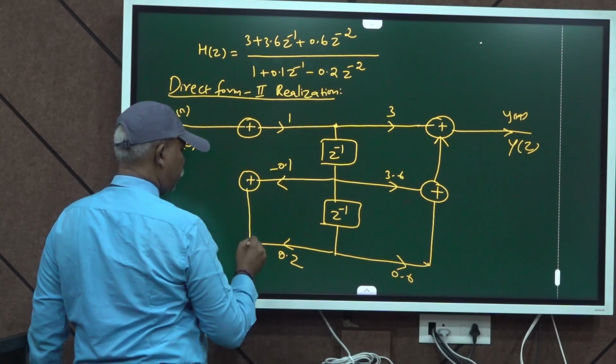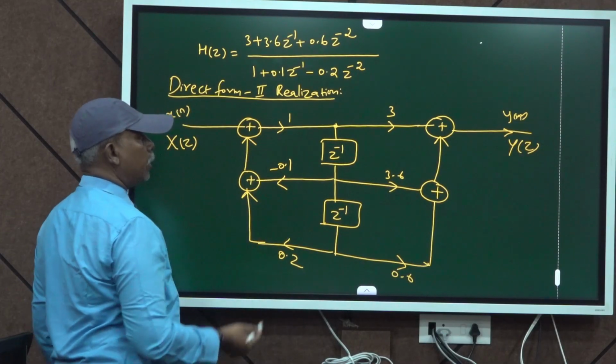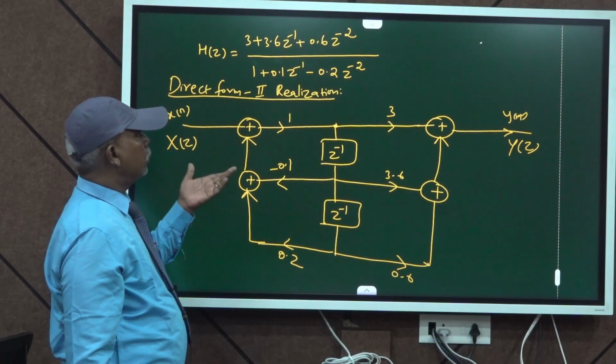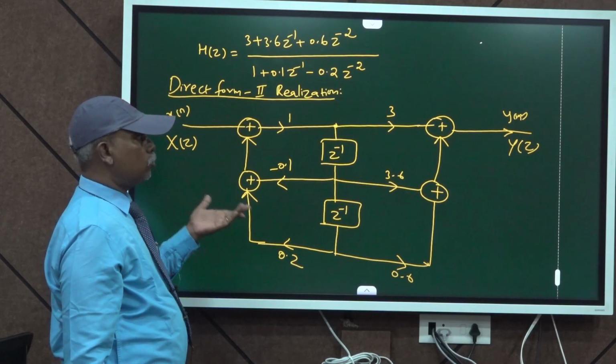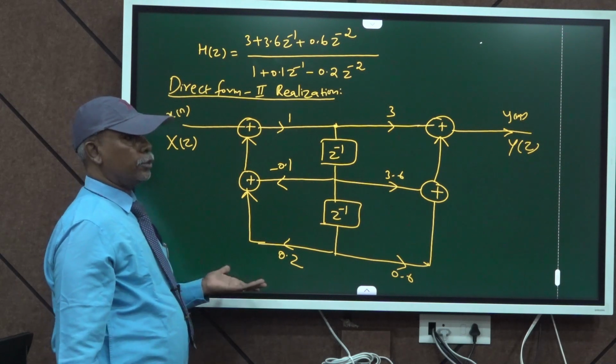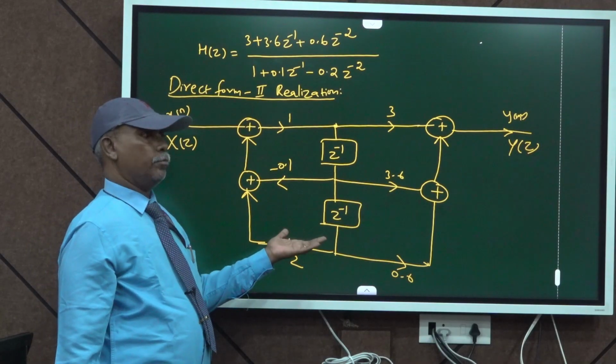Here also the same orders are added and it can be drawn like that. We got a structure for the diaphragm 2 realization. So the diaphragm 2 realization is very simple compared with diaphragm 1 realization because it has only 2 delay elements.